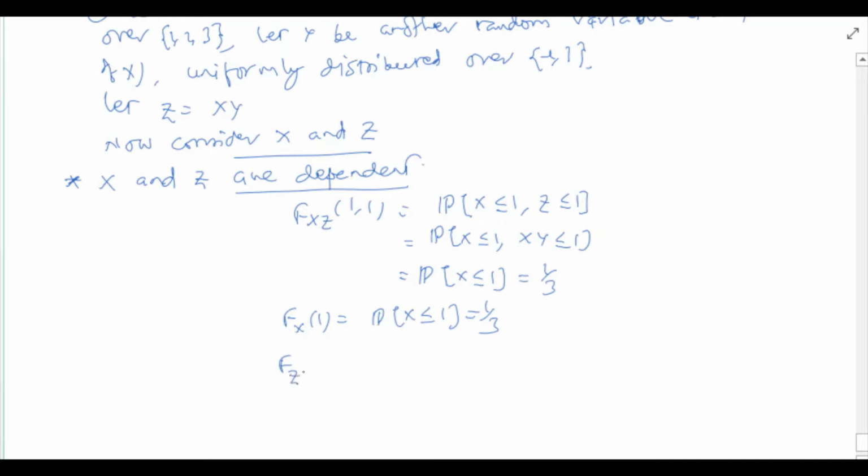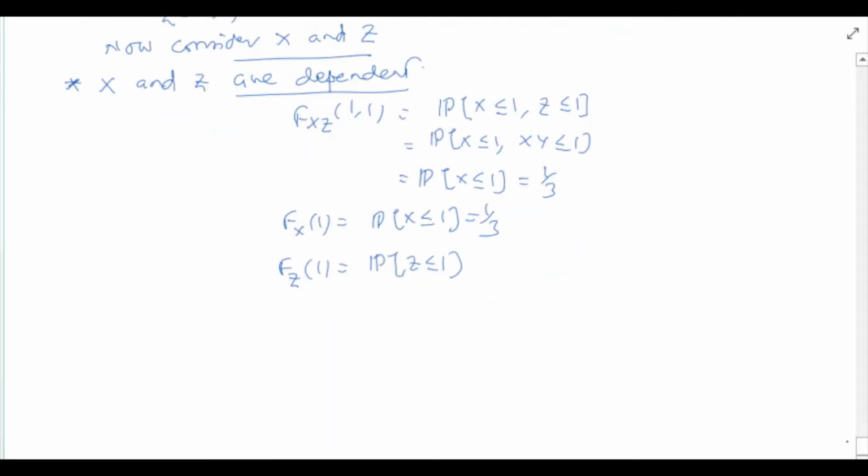Now see the marginal distribution of Z at 1, that is the probability of Z less than or equal to 1, which is the probability of XY less than or equal to 1. This can be written as the probability that X is less than or equal to 1 plus the probability that X greater than 1 but Y is equal to minus 1. Notice that in the second case also XY will be less than or equal to 1. The first term is 1 by 3.